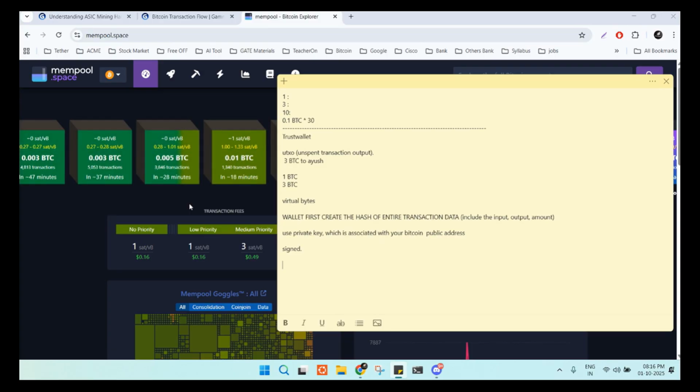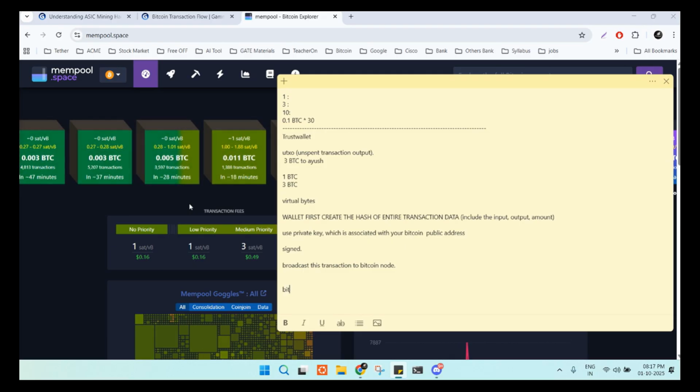So once we sign this transaction, it will start to broadcast this transaction to a Bitcoin node. But you will ask how it will send it, because this is the main question.